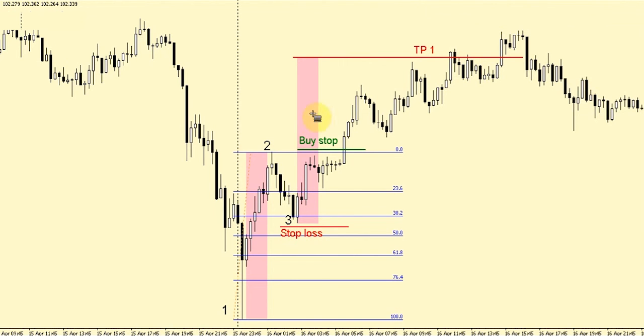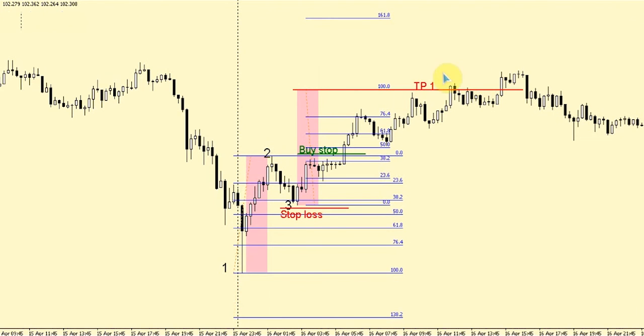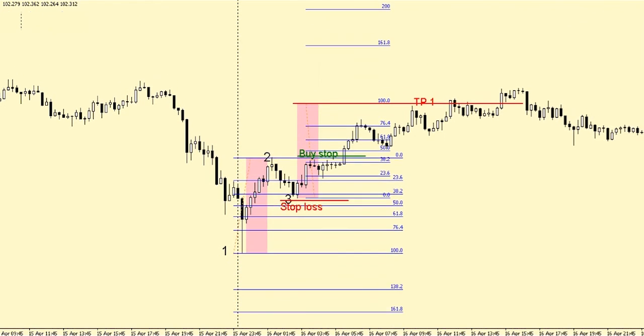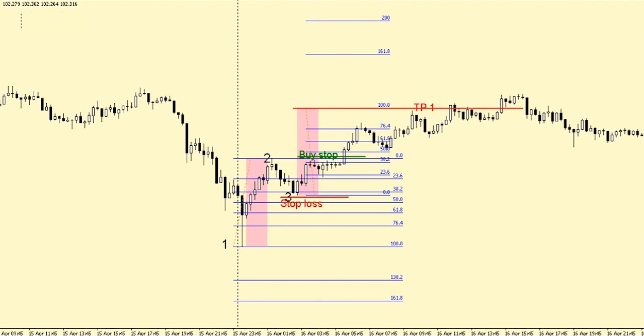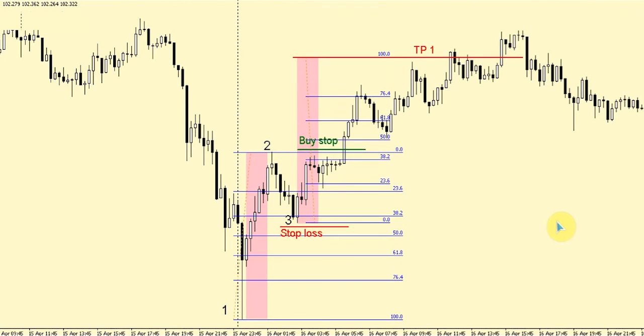Now let's consider an alternative option to enter the market, but it is more aggressive. Pay attention, as soon as we notice a rollback from point 2 to point 3, we have the opportunity to draw a trend line, and on its breakdown we can also enter the market at this point.